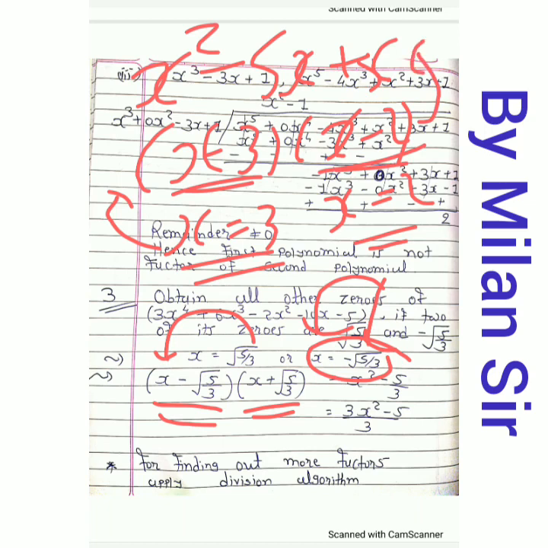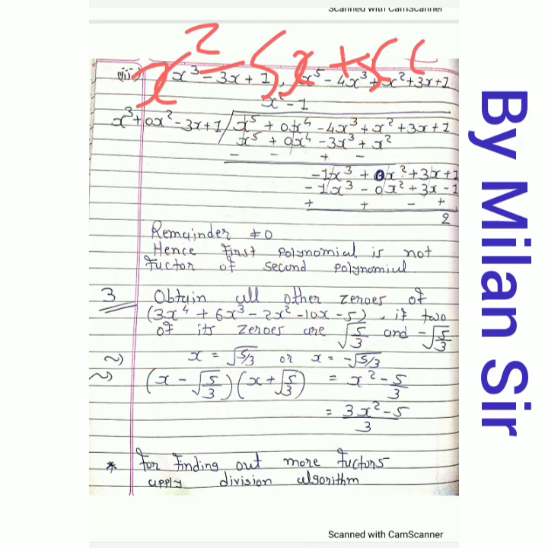So we have these two zeros and transfer both to the left hand side. The positive zero becomes negative, the negative zero becomes positive, and we multiply these two brackets, right?